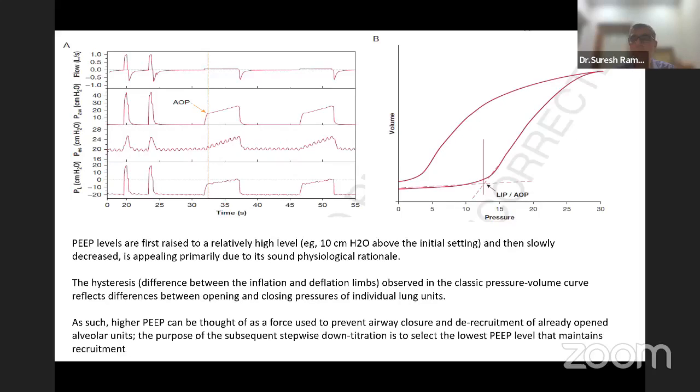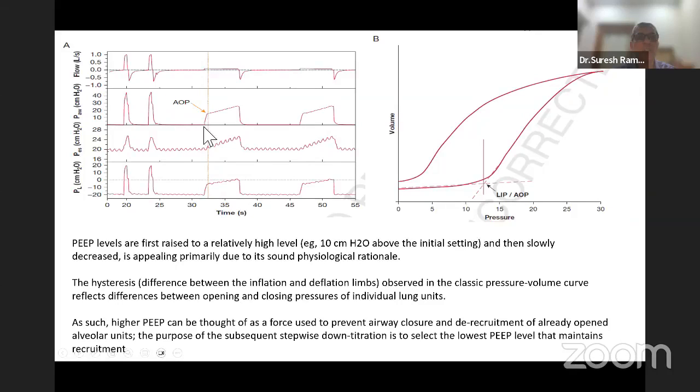But when you look at it, what you are looking at is not the lower inflection point. What you're looking at is basically the airway opening pressure. When you raise PEEP to a particular level and then drop it suddenly, as you can see at this arrow here, the airway pressure starts to rise, but the esophageal pressure and the transpulmonary pressure take a longer time, and the tidal volume comes a little after.